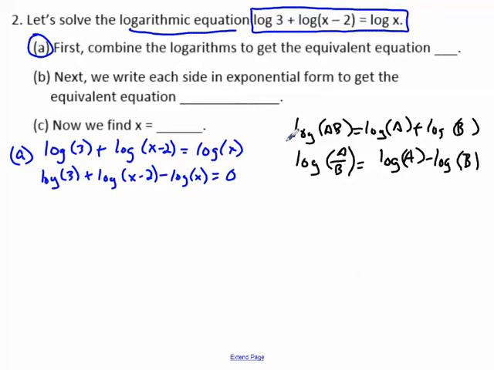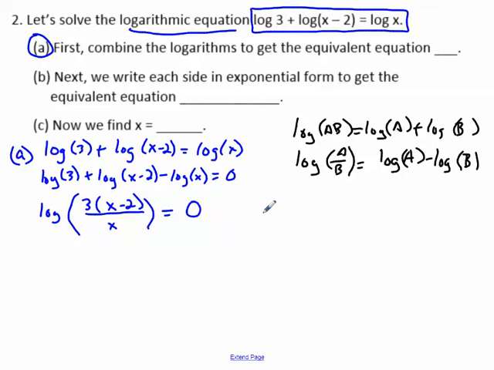Now from here in the blue we can use these rules moving from right to left. So let's combine all these: log of 3 times x minus 2 divided by x equals 0. All we did was combine all three of these logs together. Instead of expanding this to get this, we've compressed or contracted this to get this.